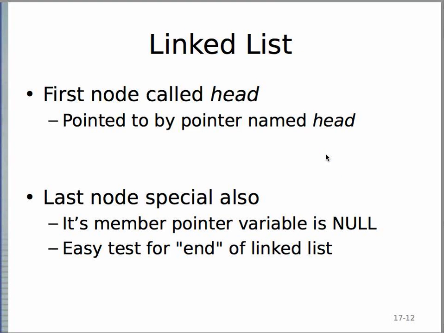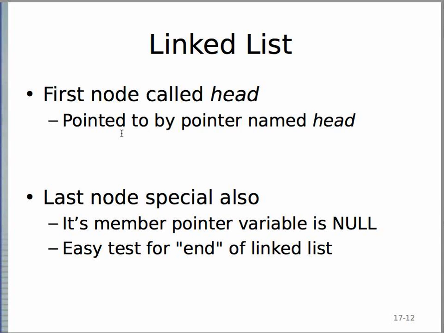So with a linked list, the idea is the first node is usually called head, although in a lot of the Java examples, a lot of the people who write Java data structures use the words first and last, and the book uses tail. So there's nothing that says you have to use head, but that's the convention in this book.